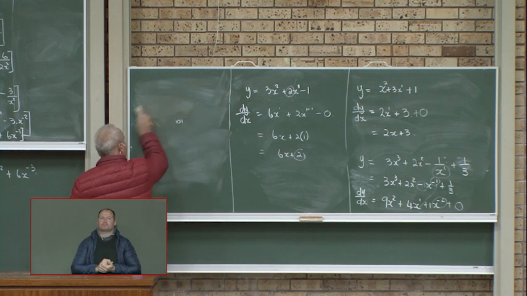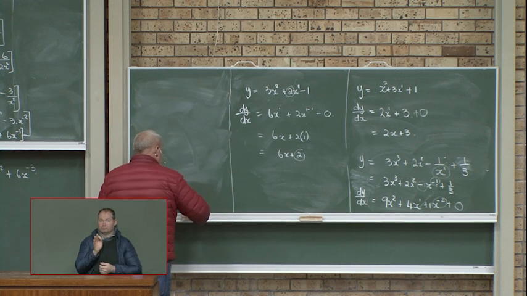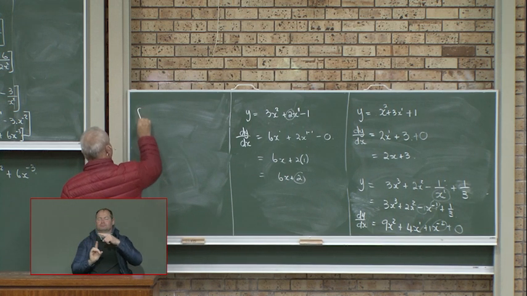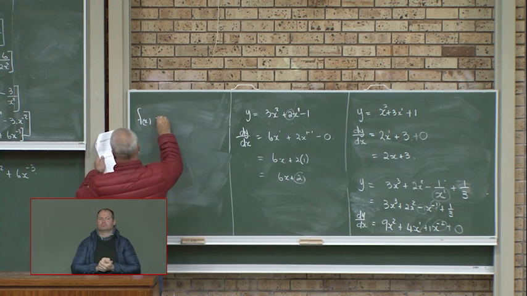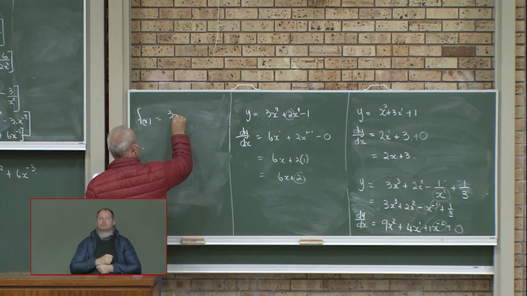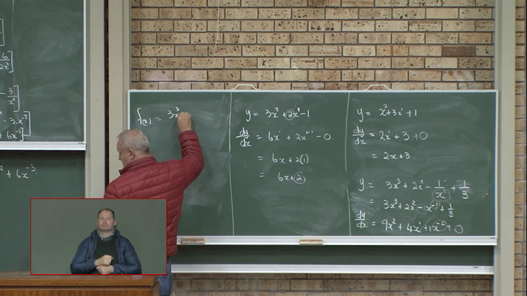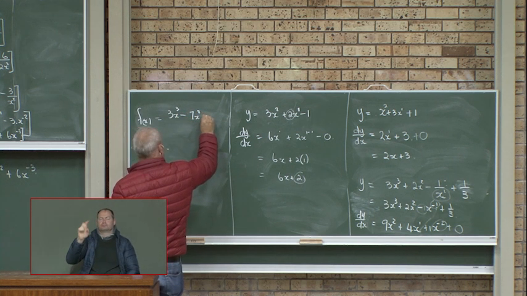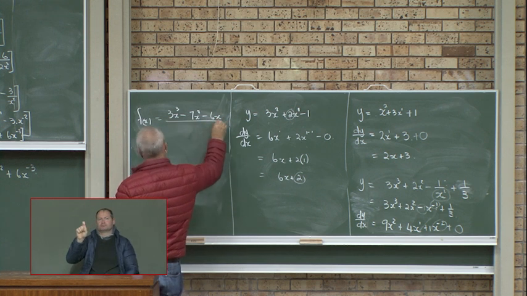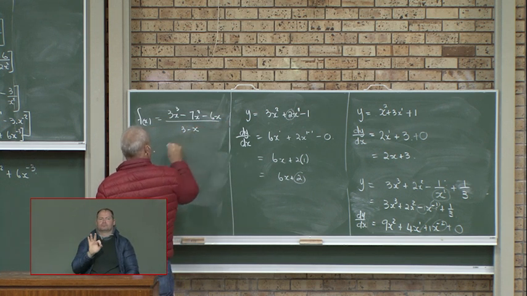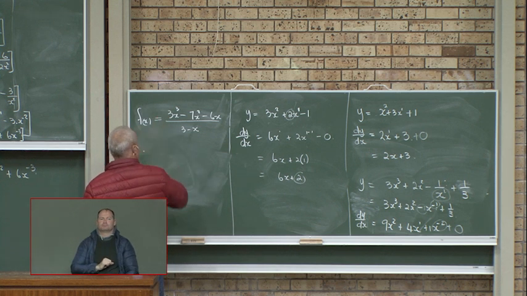If you've got a binomial in the denominator, we can say to you that f(x) is equal to 3x cubed minus 7x squared minus 6x over 3 minus x. Right, now let's quickly have a look here.